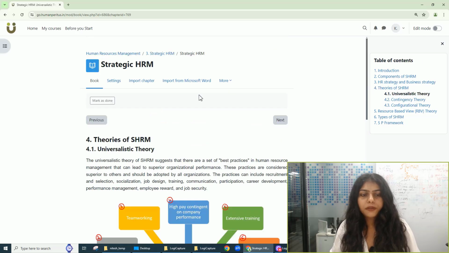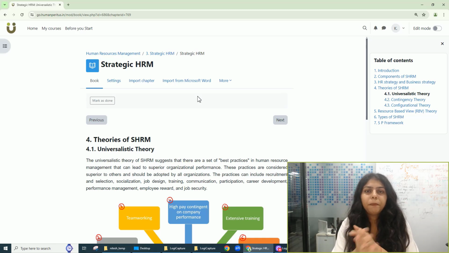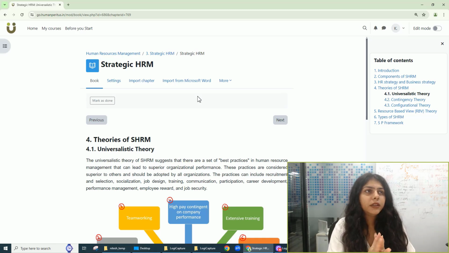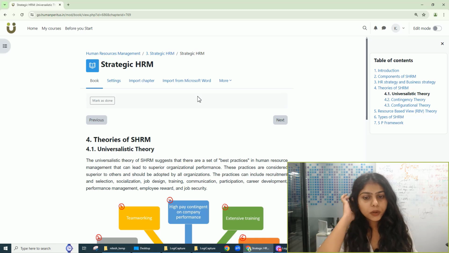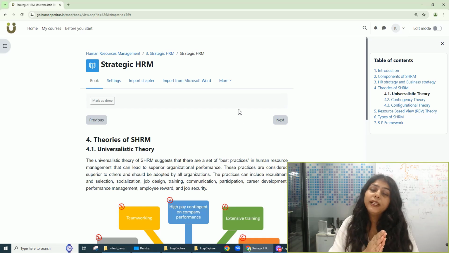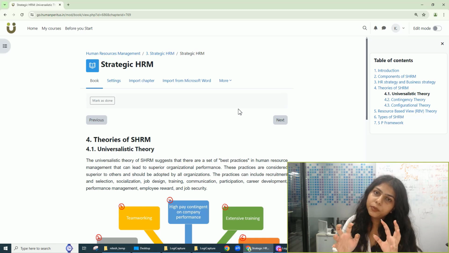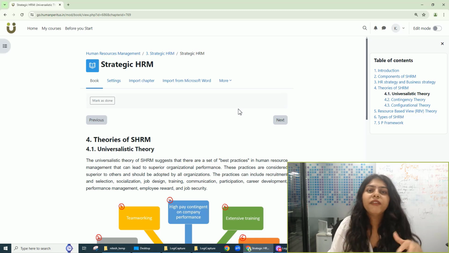So let's start with the first one. Now, what does the universalistic theory say? The universalistic theory says that there have been predetermined best practices. So best practices is sort of the most important word here. We've been given some best practices, and these were determined very early on.